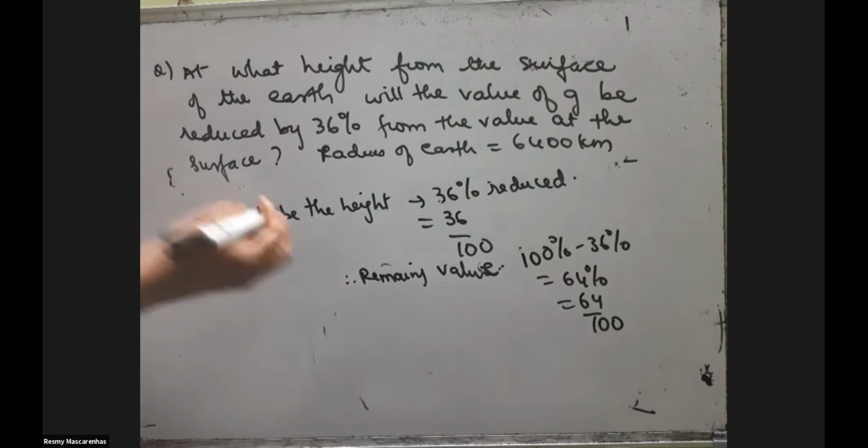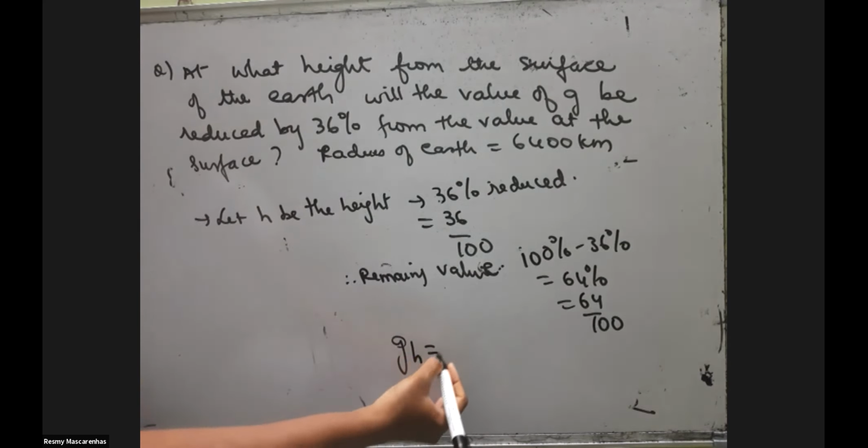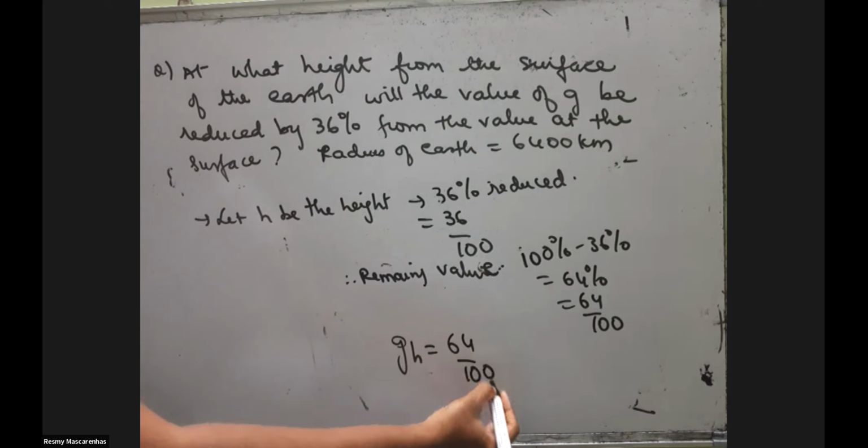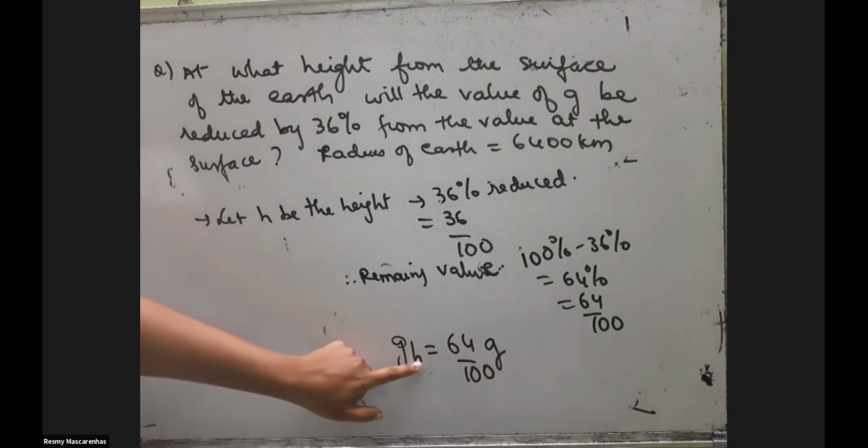So what they are trying to say is that gh will be 64 upon 100 times the value at the surface. So this is the data.